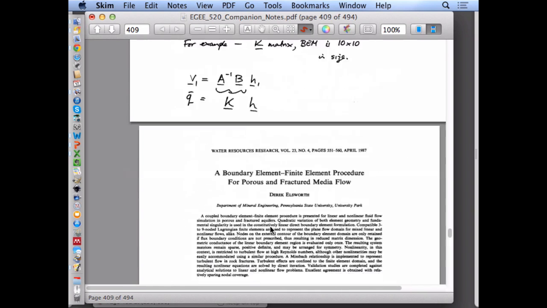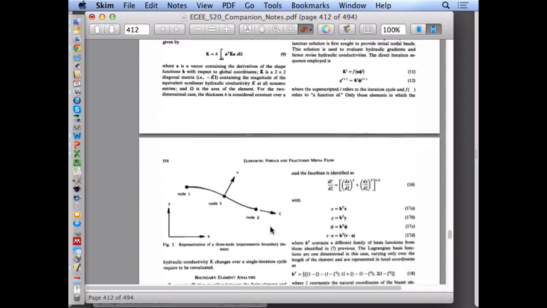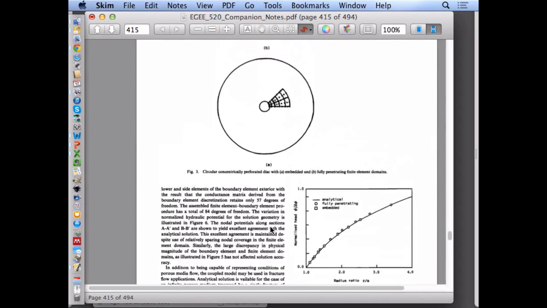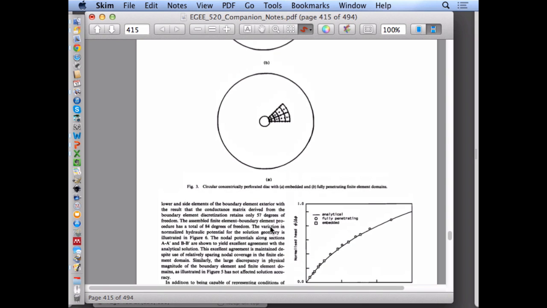And so there's a little bit of discussion on that, and here's a paper I just threw in to show you the idea: if you wanted to, you could embed a finite element mesh inside a boundary element mesh to be able to interface the solution techniques together where they both satisfy their intrinsic capabilities.